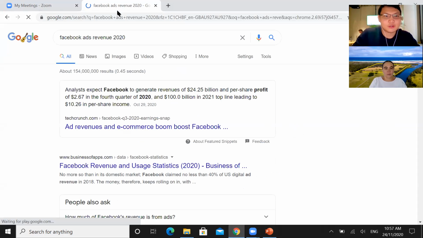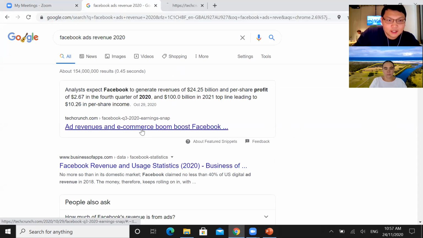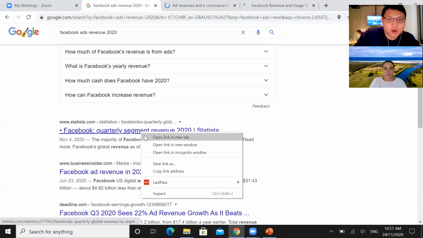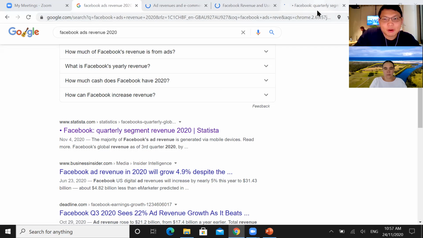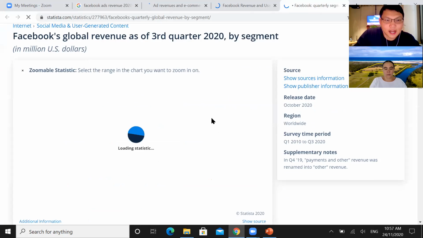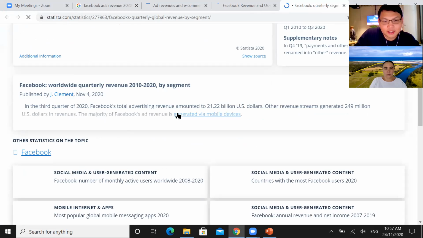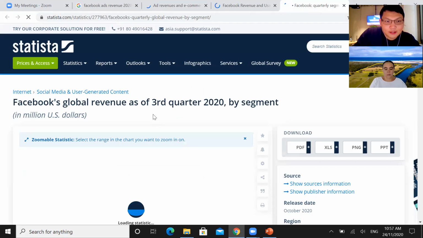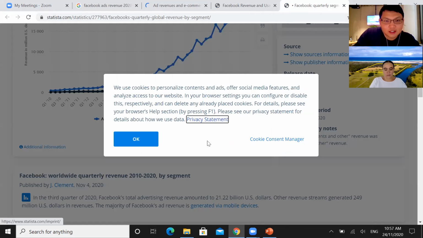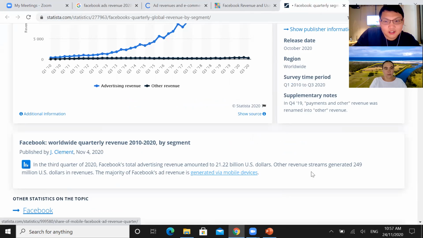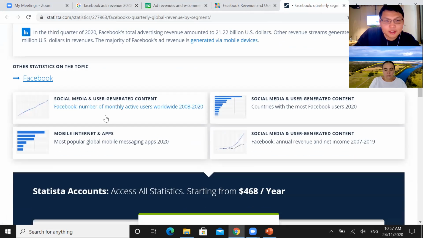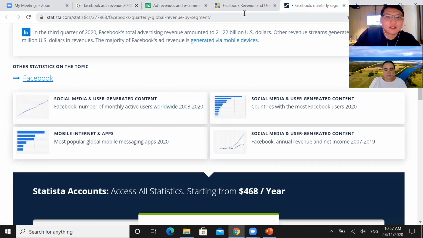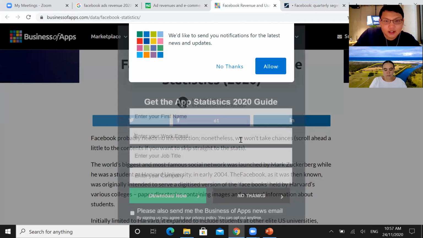So Facebook ads is revenue. I think 98% of the Facebook revenue comes from ads. 98% is billions, a lot of money. That is quarterly.